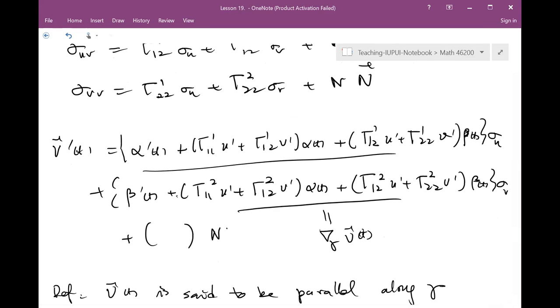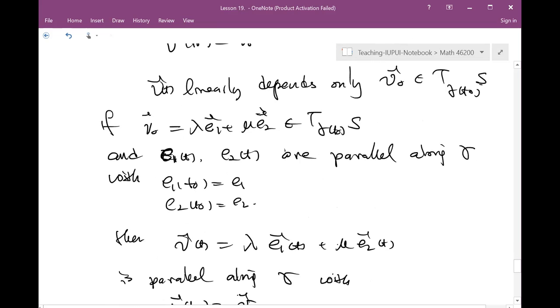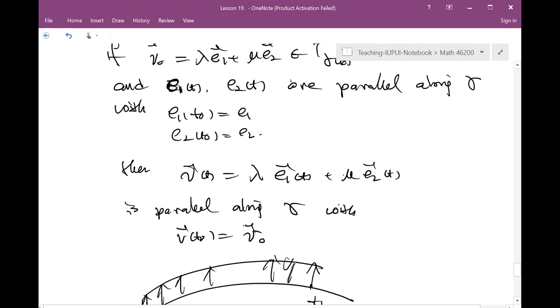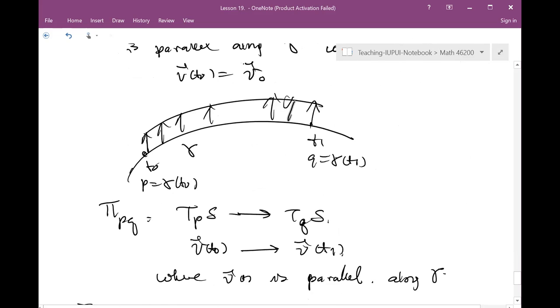It's nothing to do with the second fundamental form, nothing to do with how curved the surface is relative to the ambient space. It only depends on the intrinsic metric, so it only depends on E, F, G.